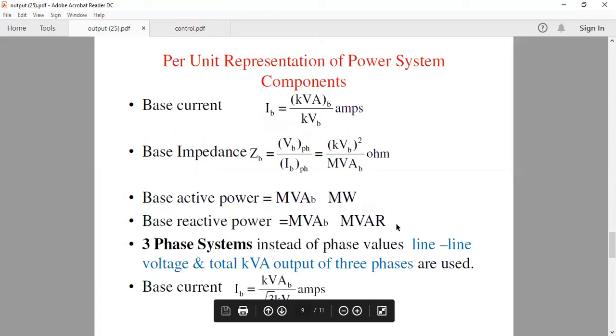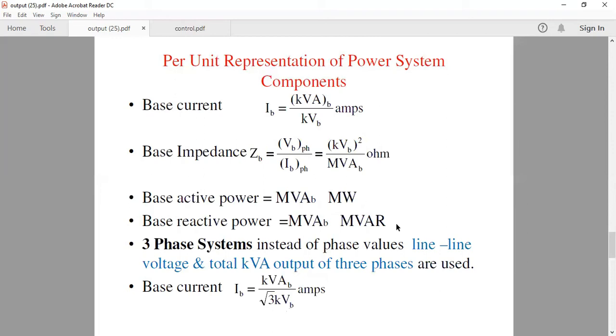Let's move towards some mathematical expressions. For the base current, IB is equal to base kVA divided by base kV. Then base impedance ZB is equal to kV base square divided by MVA base, which we will get in ohms.